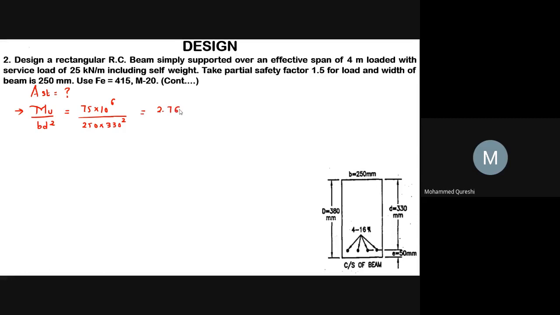Now, as we had calculated earlier the value of PT by using SP16 page 48 table 2 or from SP16 page 10 table E limiting PT, we may calculate by any of the two methods.